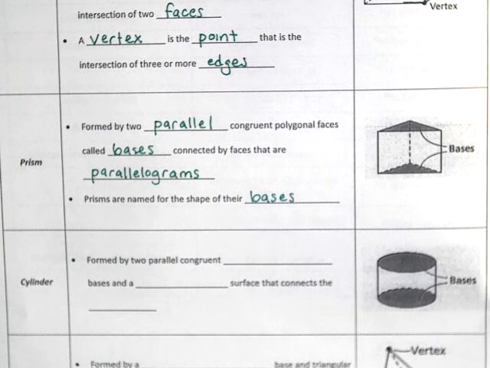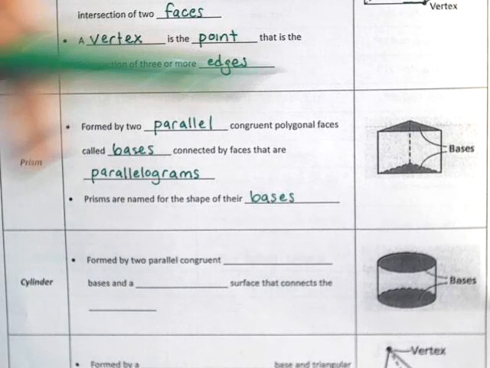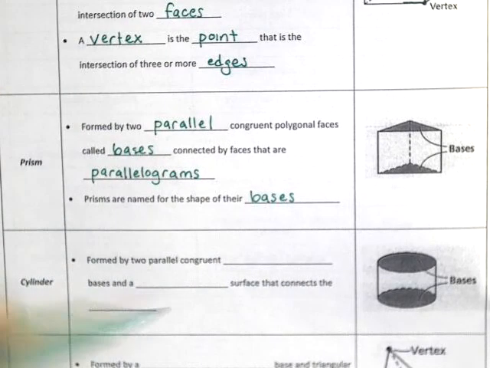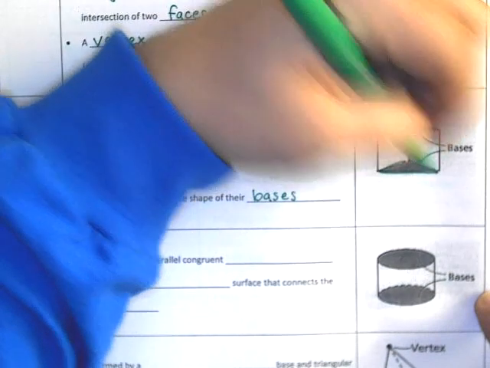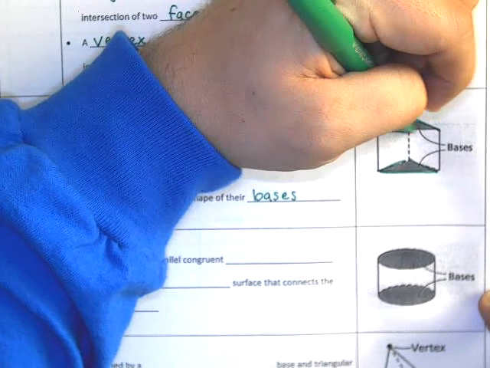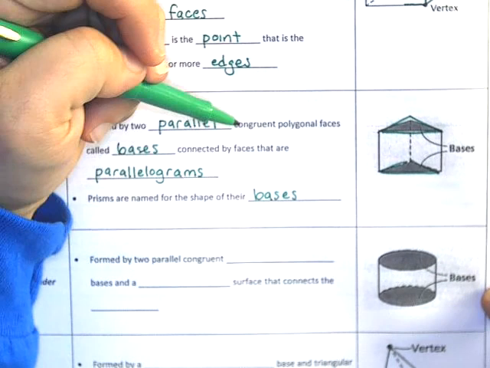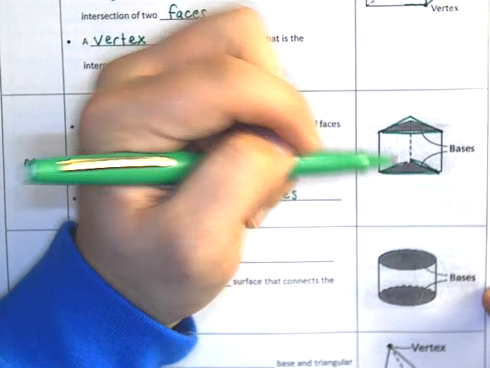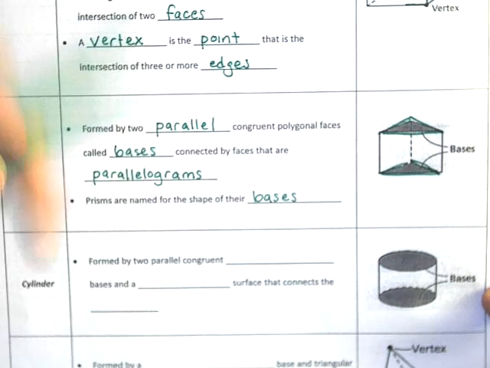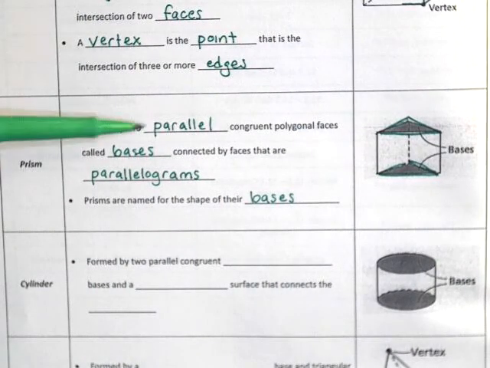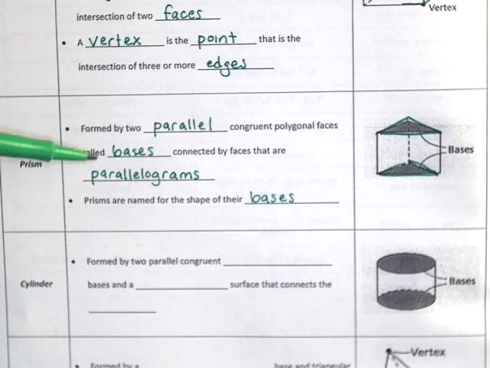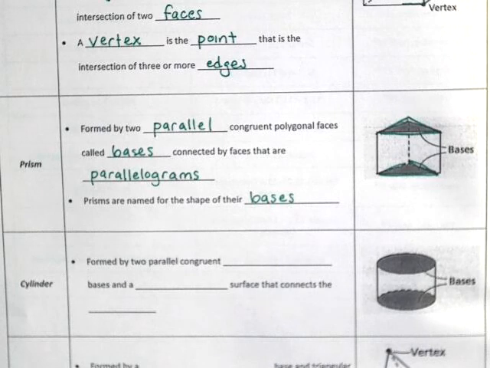So we'll go through some examples later, but if we take a look at this picture to the right, hopefully you can notice that here are two triangles that are not only congruent, the exact same triangle on the bottom and the top, but also parallel to each other. They're not touching. So again, this idea of parallel and congruent faces is really important. That's a concept that you're going to have to work to master.